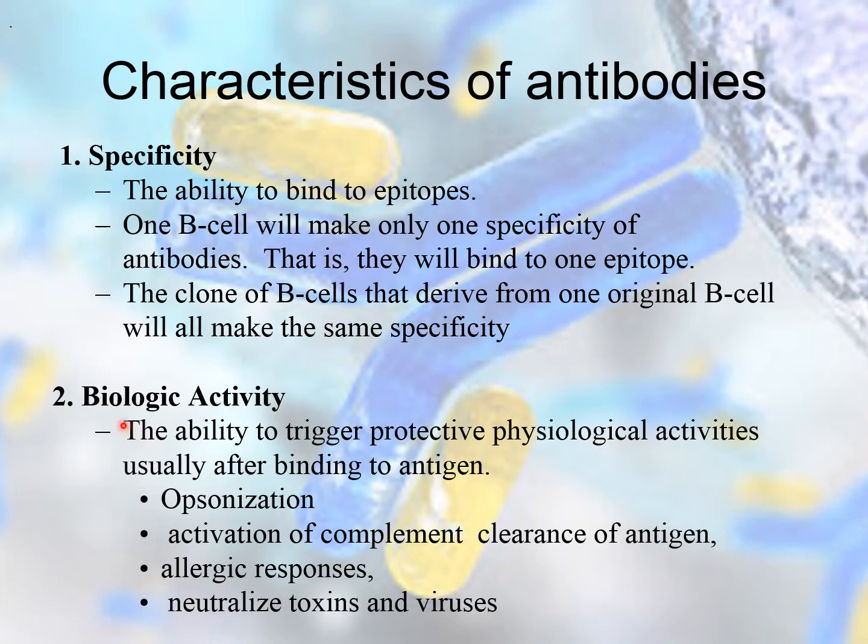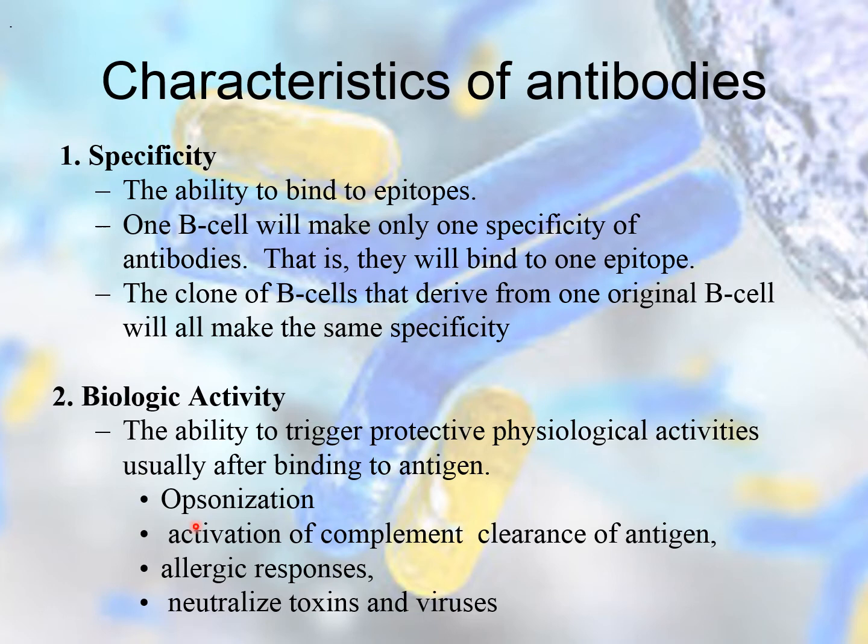The second characteristic is the biological activity, which means how the antibody is able to protect the system from the pathogen. So the antibodies can trigger protective physiological activity generally after binding to the antigen.